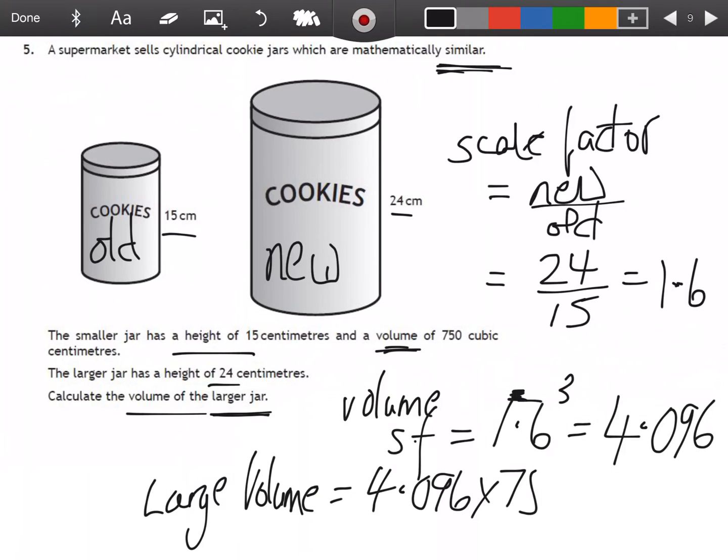The small volume is 750, times 750, which gives you 3,072 cubic centimetres. Some people find the large volume by simply doing 1.6 cubed times 750. That's fine, as long as you get the same answer, it's not a bother.